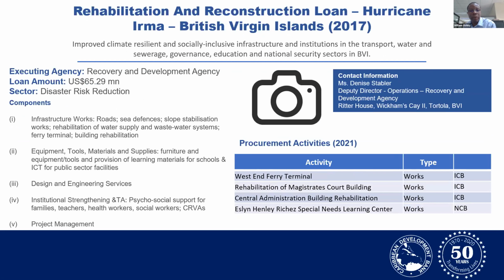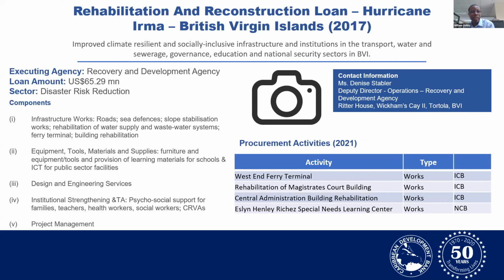Also, out of 2017's hurricane season, there was a rehabilitation or reconstruction loan for the British Virgin Islands. And we've got about 3 international competitive bidding opportunities likely to come up this year. As you see, this funding was actually approved in 2017 itself, so it's taken a while for some of these things to actually happen.